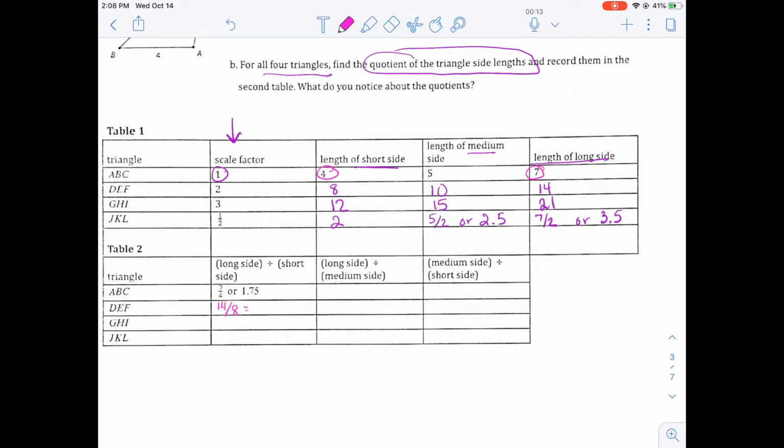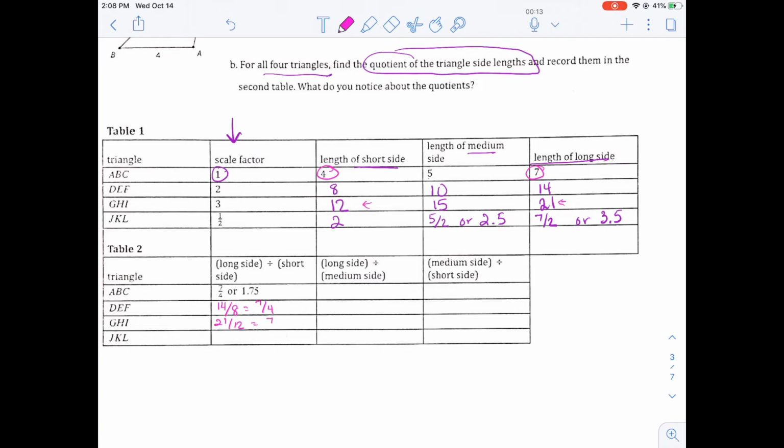Now, we can simplify 14/8 down, and when we do, 2 can go into those. 2 can go into 14 7 times, and 2 into 8 4 times. We get 7/4. When we do the same thing for GHI, we're going to have 21 here and 12 here. And we simplify that down.